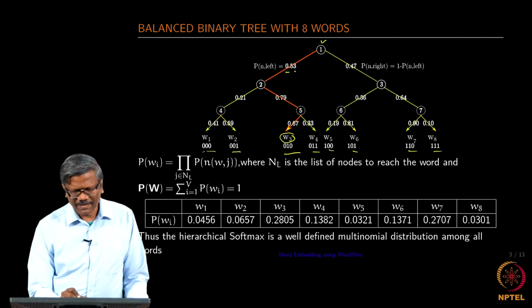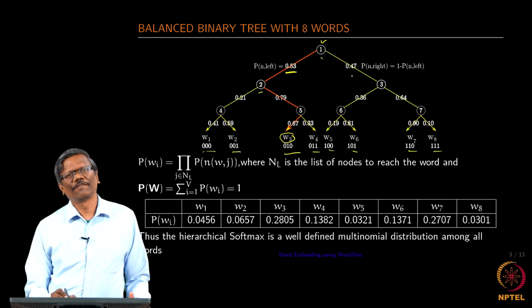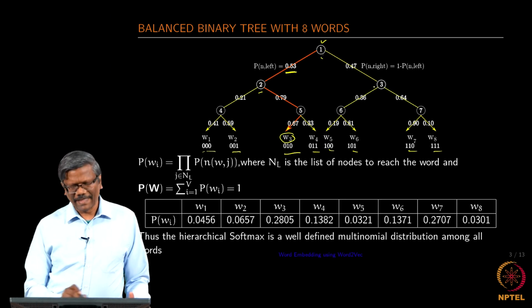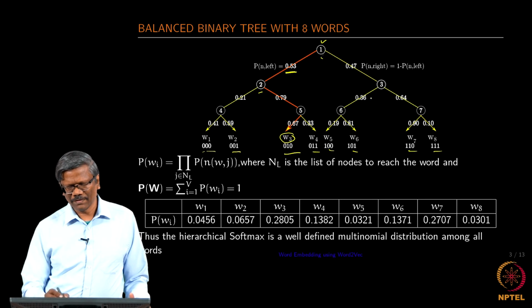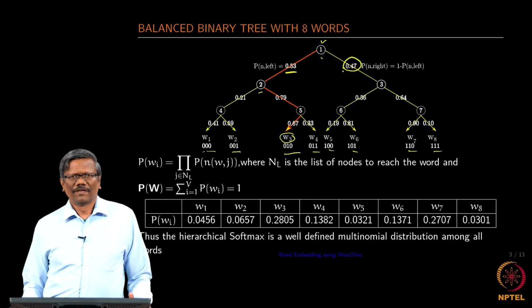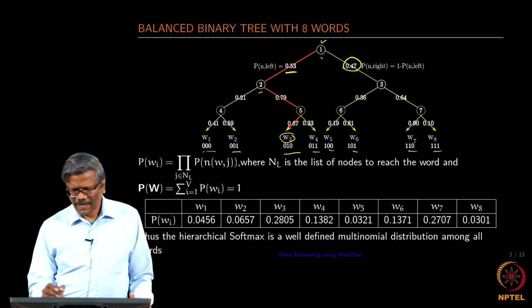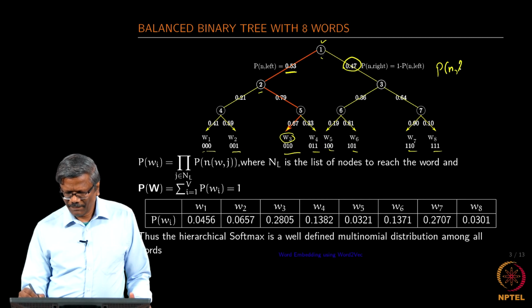So, let us first assume that the probability is 0.53, and then the rule for filling in the probability when you move from 1 to 3 is that it has to be balanced and the sum of the probabilities should be equal to 1. So, the value is going to be 0.47 here.